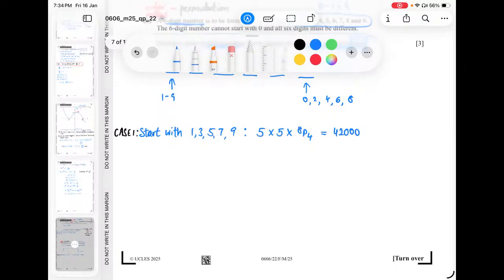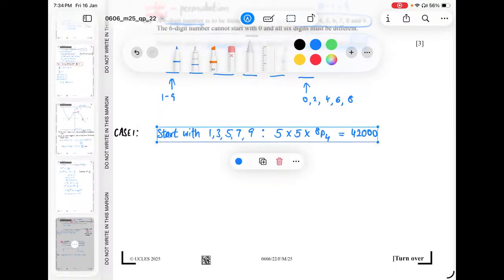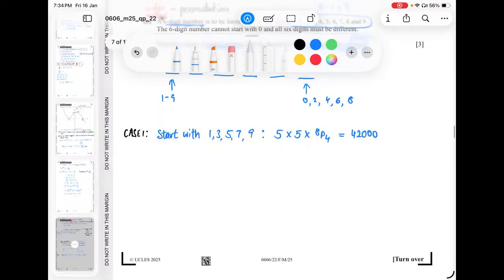So now case 2. Let me just move that a little bit. Yeah. So case 2 is when the number starts with the digits 2, 4, 6, 8.